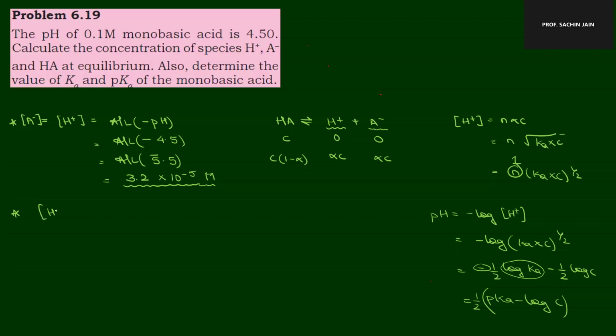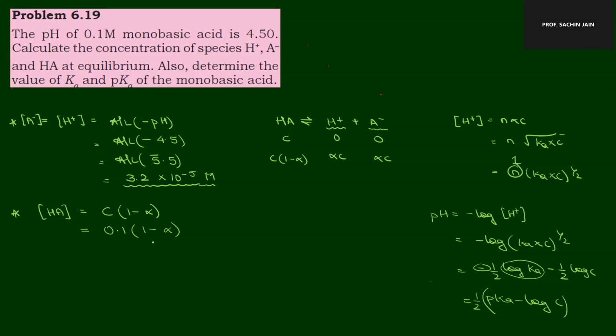अब इसमें HA का कॉन्सेंट्रेशन भी आपको पूछा था, विच इज गिवन बाय कॉन्सेंट्रेशन इनटू 1 माइनस अल्फा. अब in this case the HA concentration has the value of concentration given 0.1 and 1 minus alpha. I don't have the alpha value.